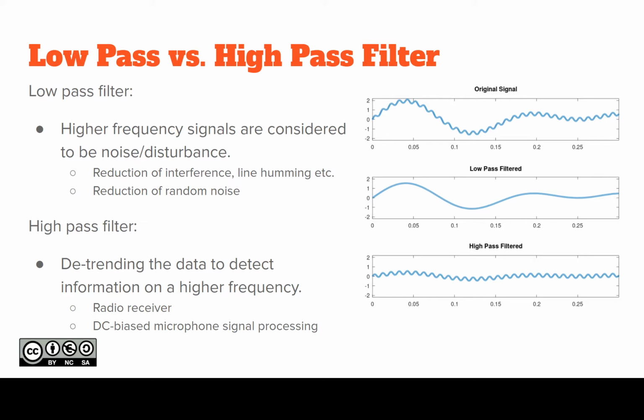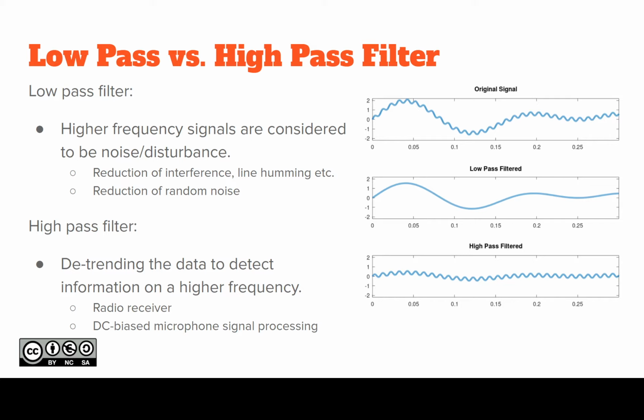So there you would do some reduction of noise. Or if you have a higher spectral random noise there, you can try to reduce that noise by filtering with a low pass filter.